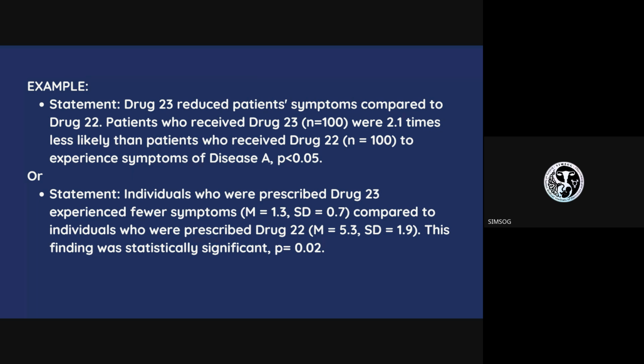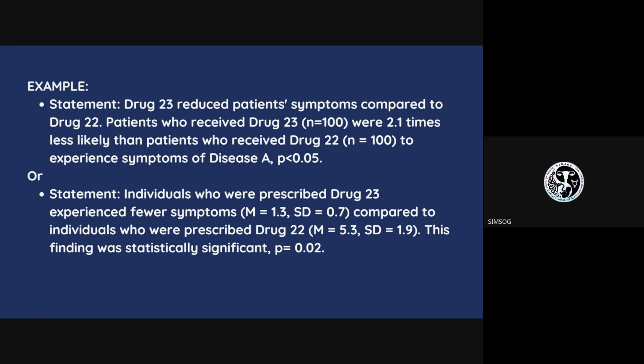So this means that the probability that this reduction of symptoms happened by chance alone is just 3%. 97% of the time it's not by chance, it's the actual thing you will find in the real world. So that's what the p value tells you: how strong or how statistically significant your results are.